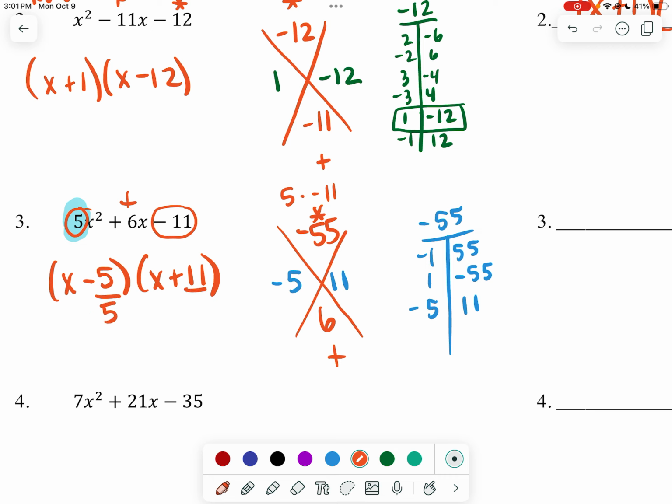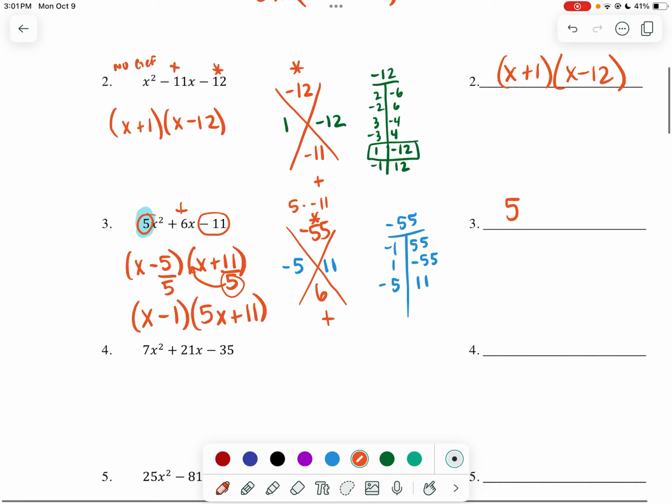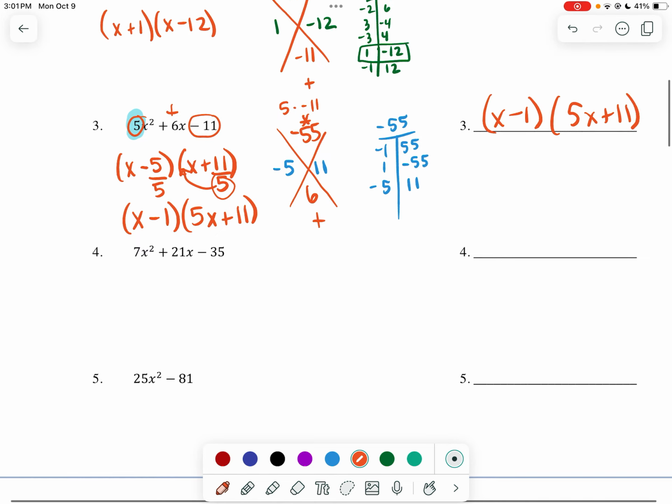I'm going to divide both constants by 5 and simplify what I can. So 5 divided by 5, that's 1. But this 5 I can't do anything with, so now this gets wrapped up front and I leave the 11. Oops. So that's x minus 1, 5x plus 11. And remember, order doesn't matter for any of these, so you could flip-flop those.